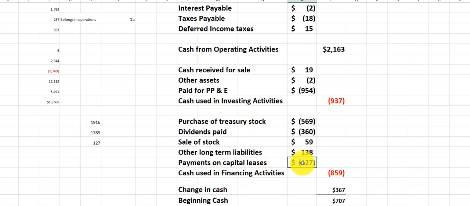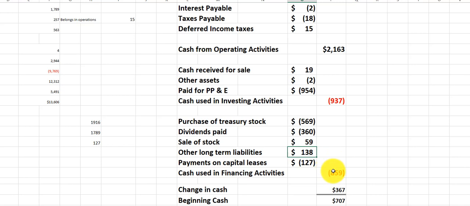And then there was a little note that said that all of the payments on the capital leases from the year before, which was called current liabilities, current portion of the leases, was paid. So 127 would have been paid out. So for liabilities, you have to note how much was paid out, as well as any new borrowings, which we did not have in this case, except for this other long-term liability.